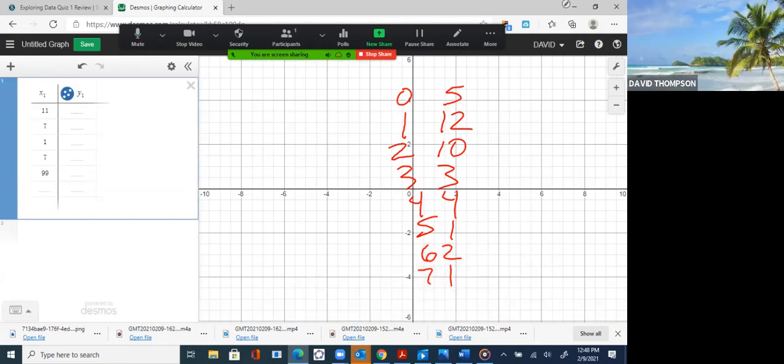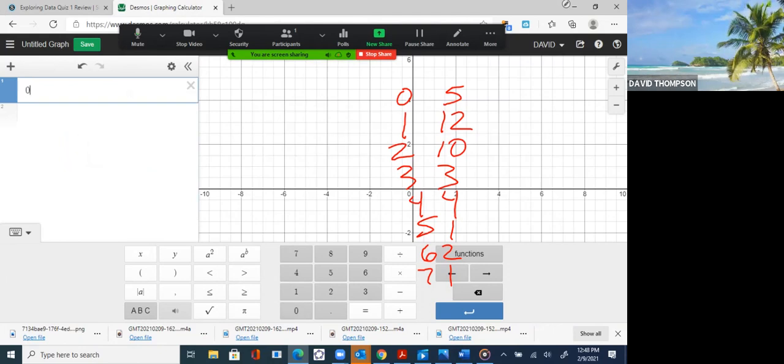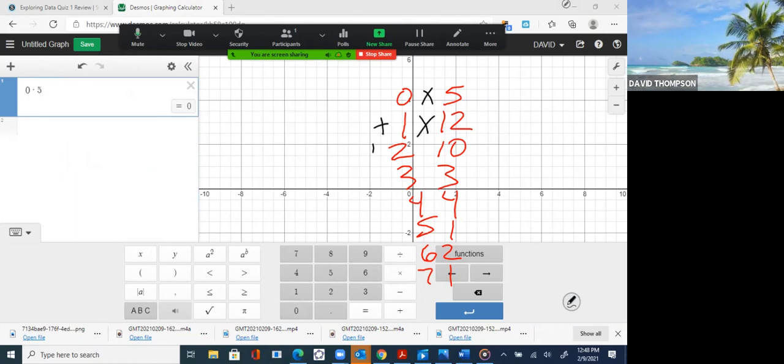Let's clear all this extra stuff out. So you go 0 times 5. So it's multiply these two, then add. Multiply, add, and so on, for each row.